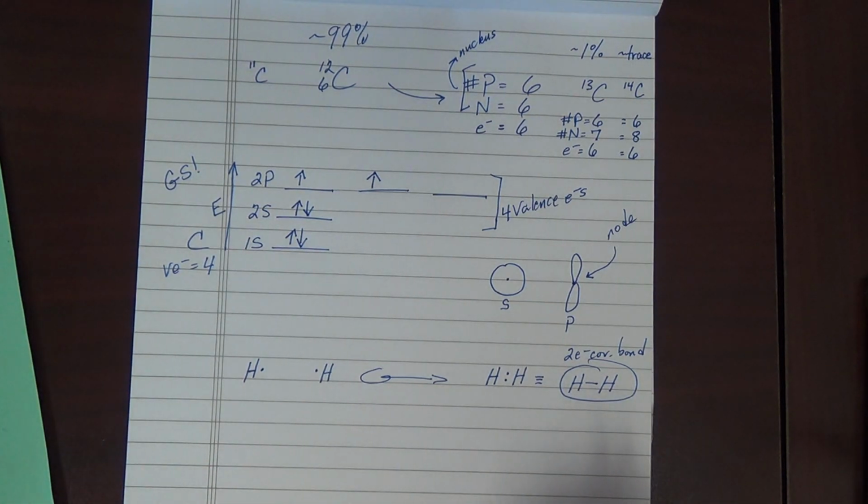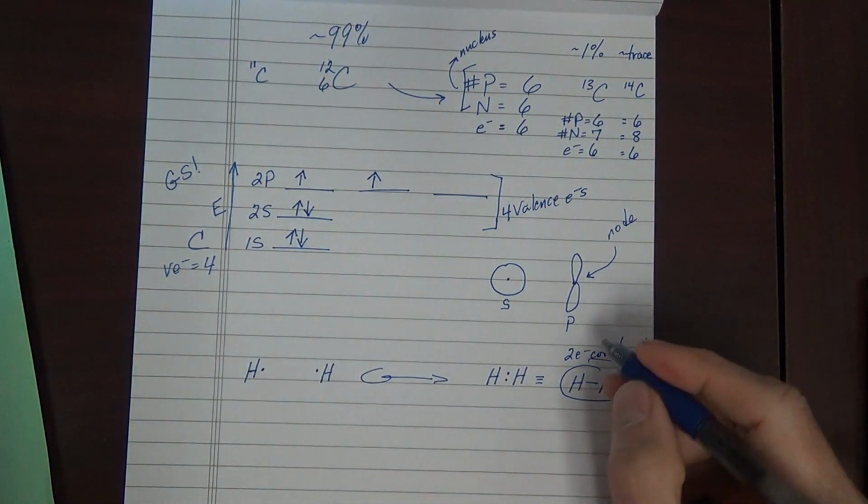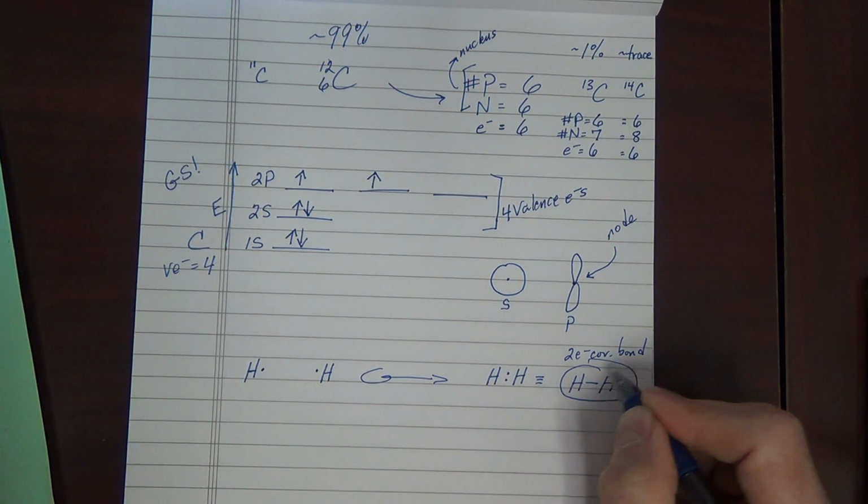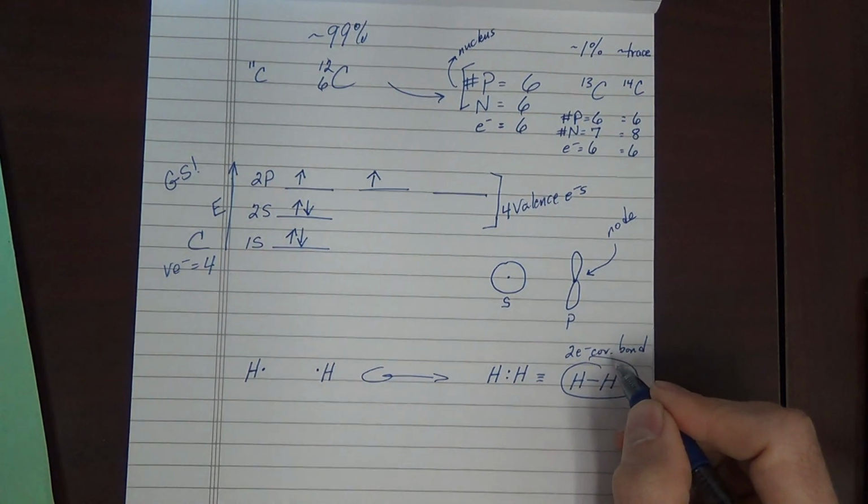Very simplistic. An entire course could be taught around what's going on here. All right? Let's keep it simple. 2 electrons coming together to make a shared 2-electron covalent bond. We'll build upon that definition.